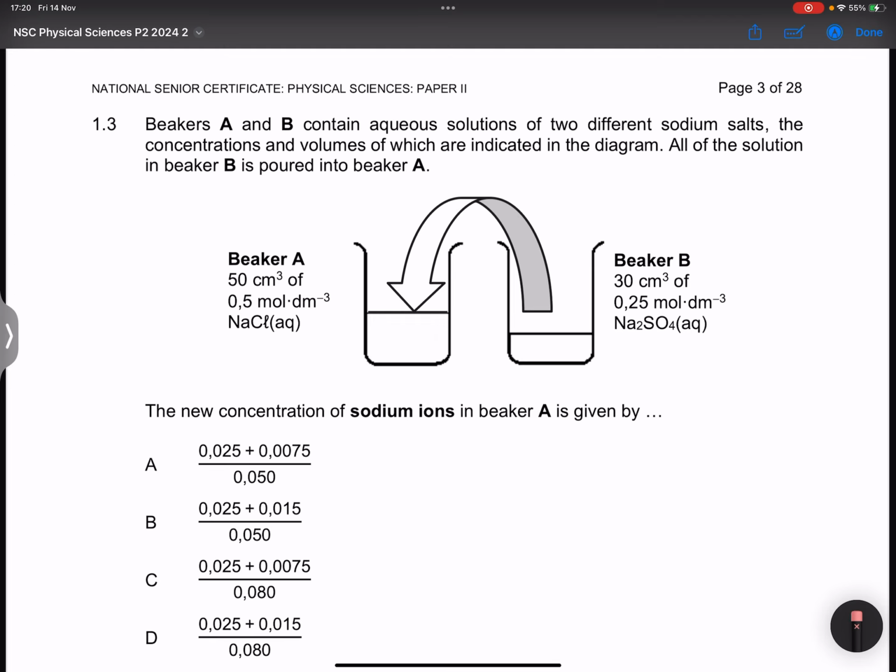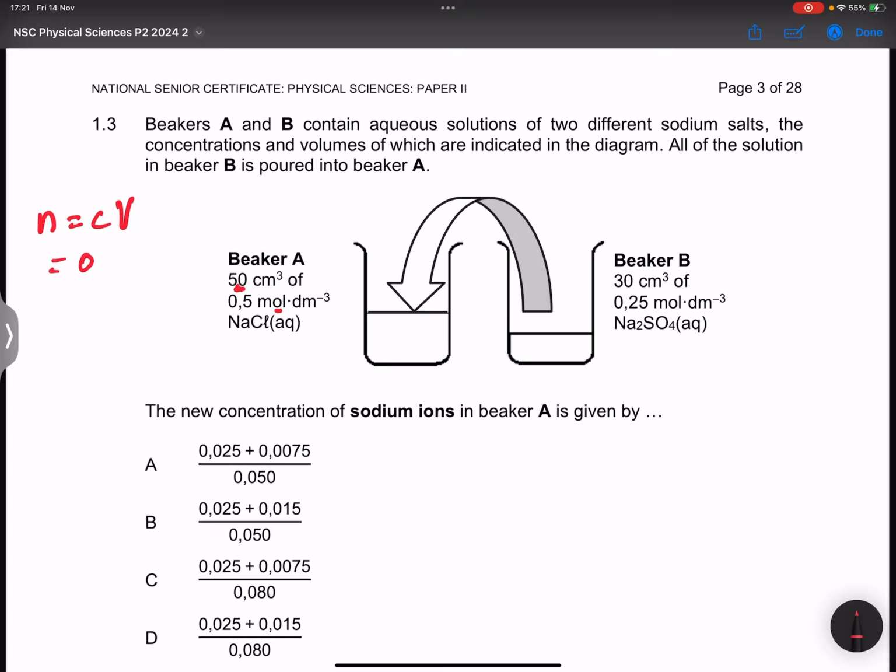So firstly, remember that we poured beaker B into beaker A. So originally in beaker A, we've got 50 cubic centimeters, 0.5 moles per cubic decimeter. So number of moles is concentration times volume.